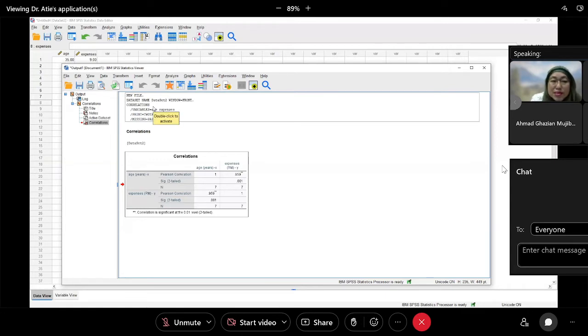Okay, once you're done, please let me know. Remember, I'm asking you to draw a scatter plot. So there will be no line, just dots.